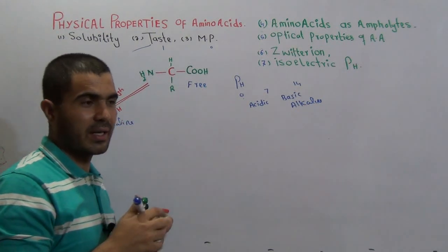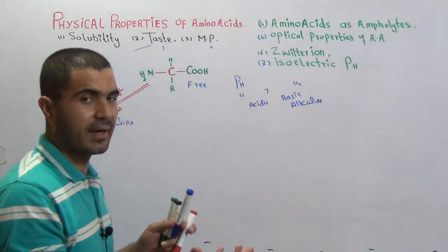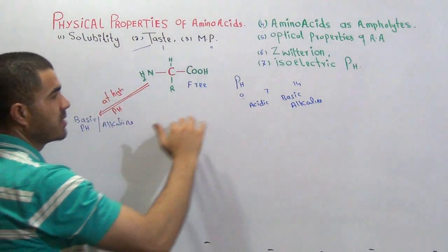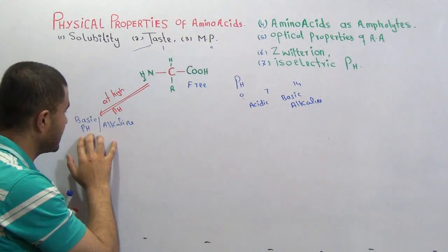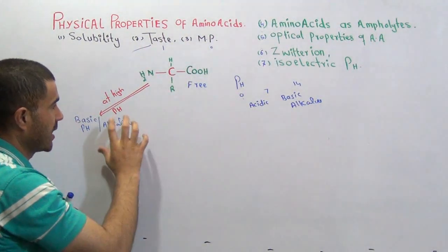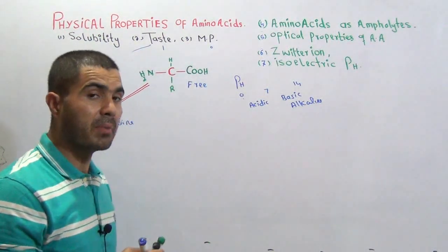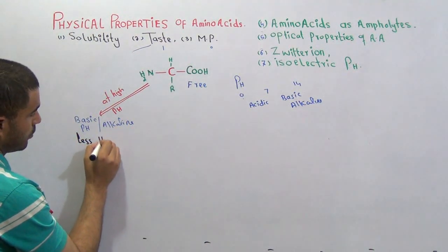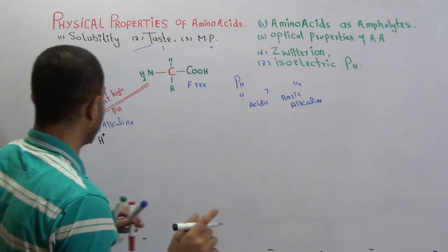Things around the world are either basic or acidic. So how will you decide whether it is basic or acidic? That is the pH. If the pH is high, above 7, they will be called basic or alkaline. So what will happen to an amino acid at high pH? Remember, there will be fewer protons, fewer hydrogen ions available.